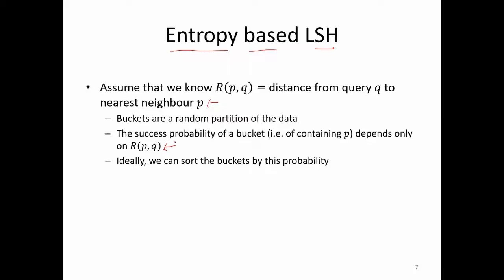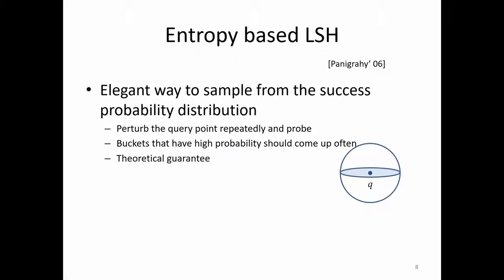Ideally we can sort the buckets by this probability. So the basic idea is that we order the buckets by the probability that they may contain a nearest neighbor. So how do we do that?